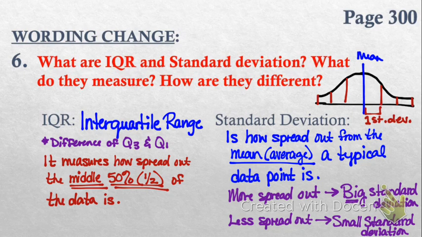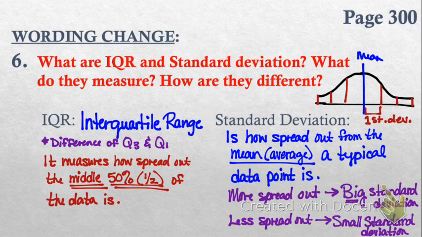Most of the time when we talk about standard deviation, we look on either side of the mean because we want to be equally balanced on both sides. So the farther out that I have to measure on my number line to get to that first standard deviation, that's what determines the number that I'm using for that.